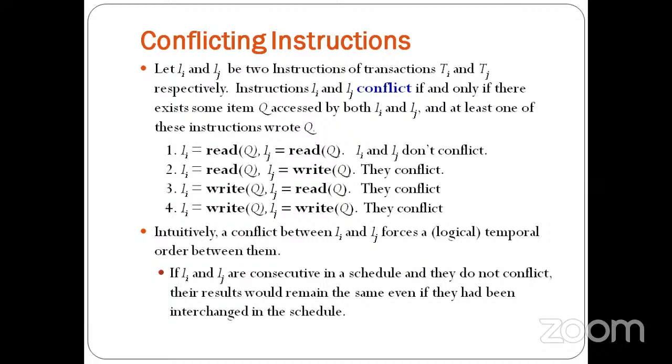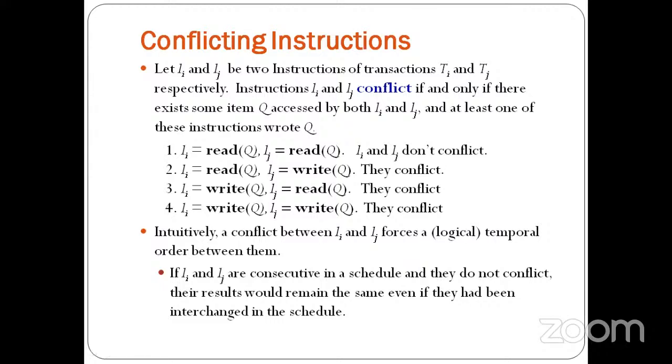So there are some test cases. Let Li and Lj be two instructions of transactions Ti and Tj respectively. Instructions Li and Lj conflict if and only if there exists some item Q accessed by both Li and Lj, and at least one of these instructions wrote Q. Let us see the first one, T1.